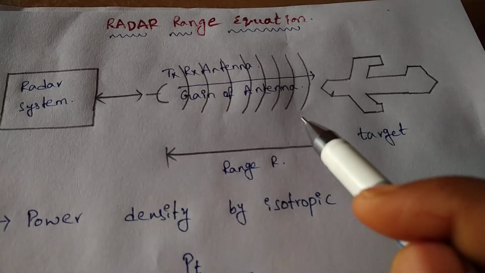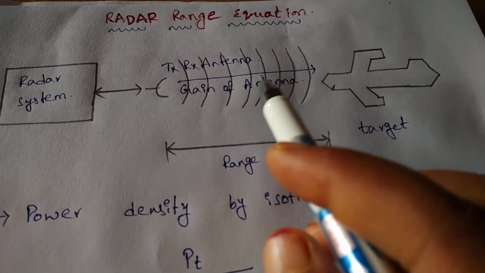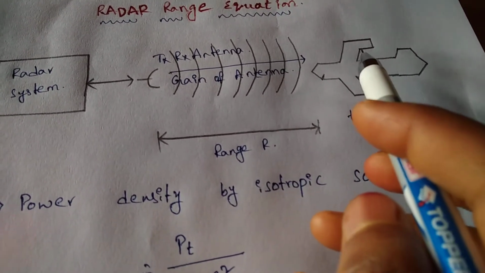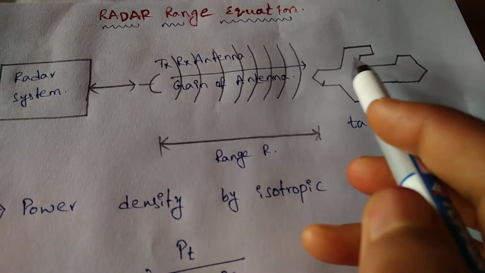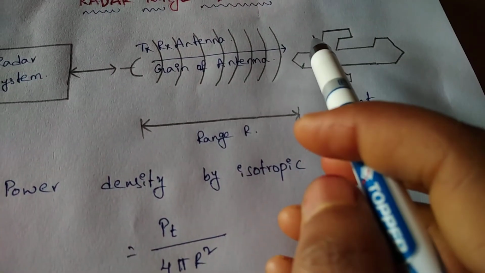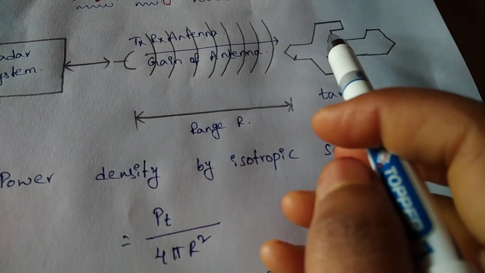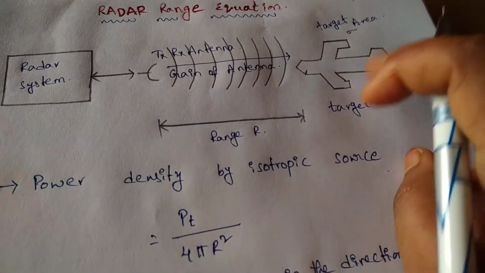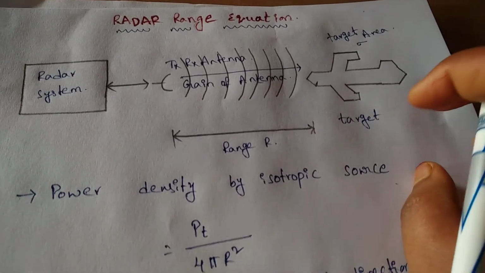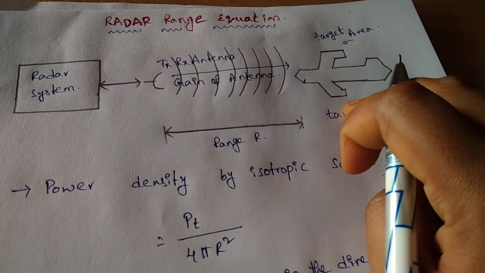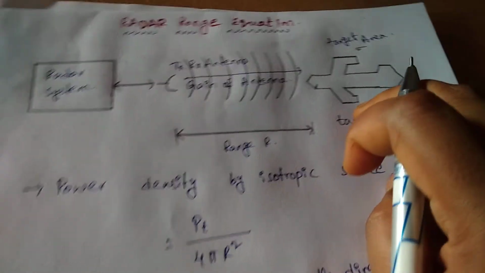Now this signal travels towards the target, and then the signal will be reflected from the target, based on the target area. If the target area is sigma, then the power reflected by this target will be the power density into the target area.